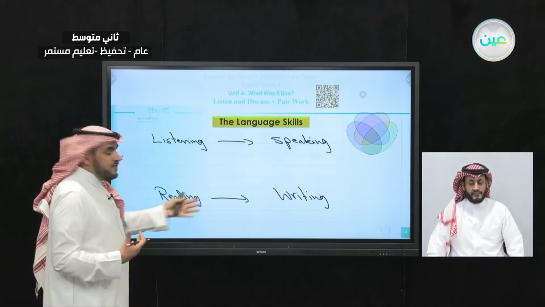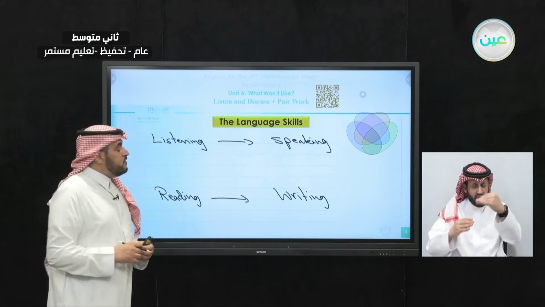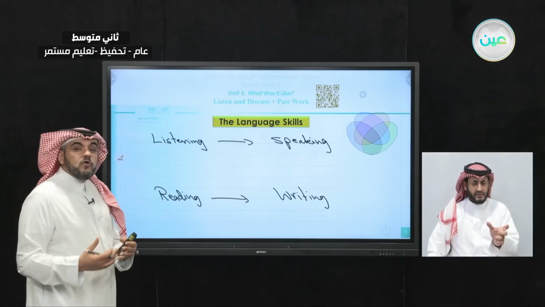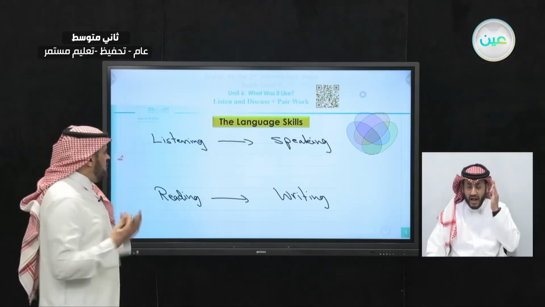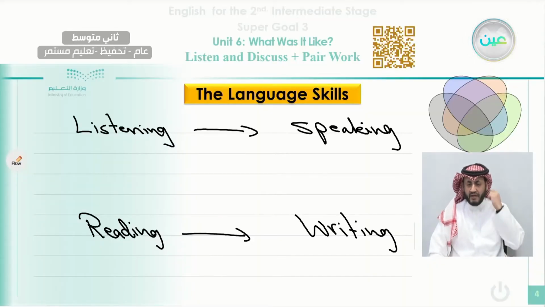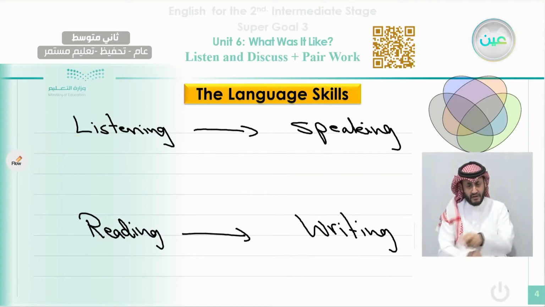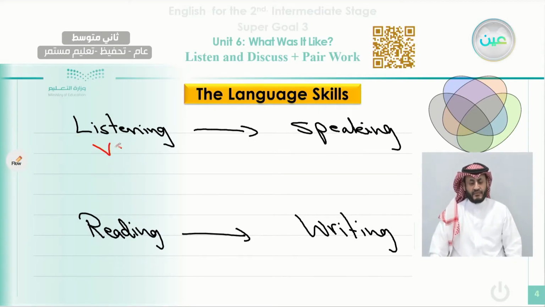Among these 4 main skills, there is something called minor skills, sub-skills. What are these skills? Let's write them in a different color pen. You will study vocabulary, which is very important in your English.